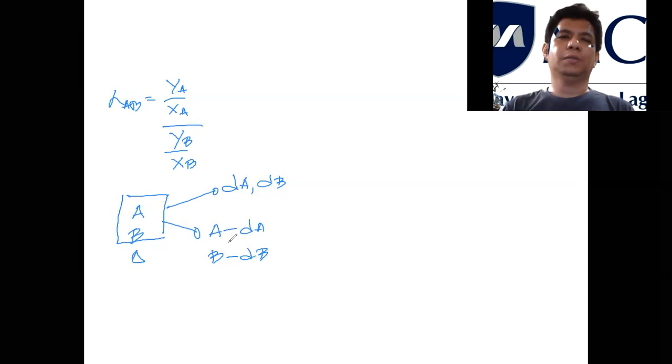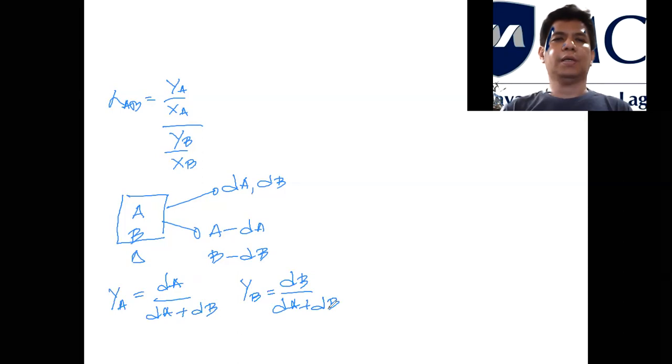Okay. So what I'm going to do is, I'm going to define y sub A from this system. So y sub A, as you can see, is equal to D sub A divided by D sub A plus D sub B. And then y sub B would be equal to D sub B divided by D sub A plus D sub B. Okay.